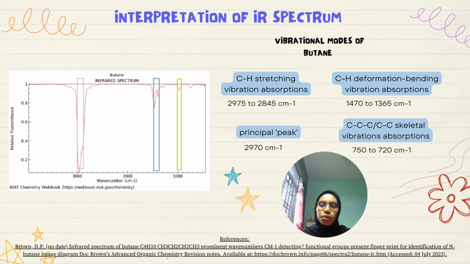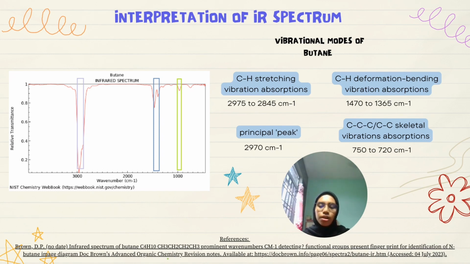So let's move on to the fingerprint region. We believe there is not much to interpret within this region, but since the fingerprint region is the region that helps in identifying which compound is which, it is a must to look into it as much as possible.